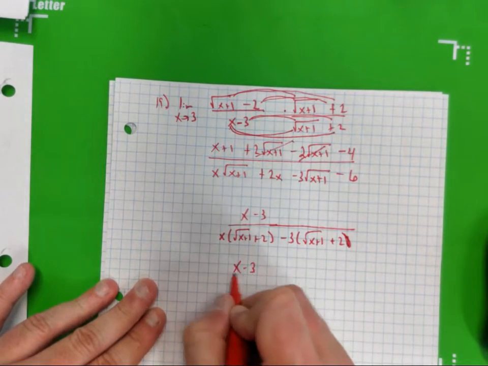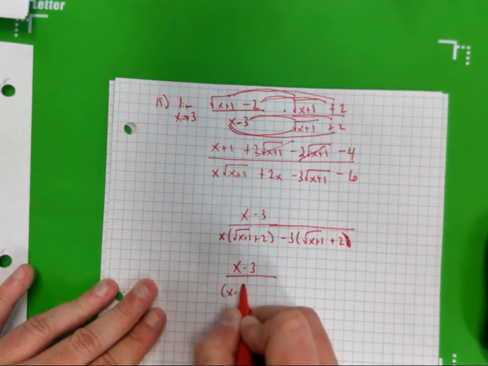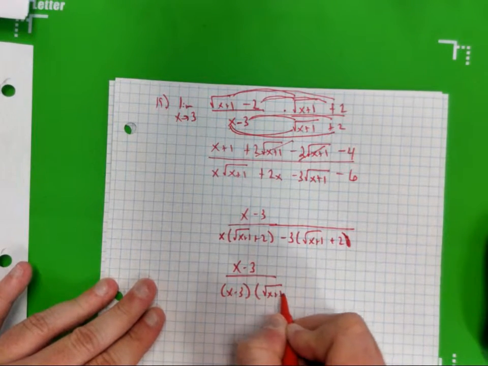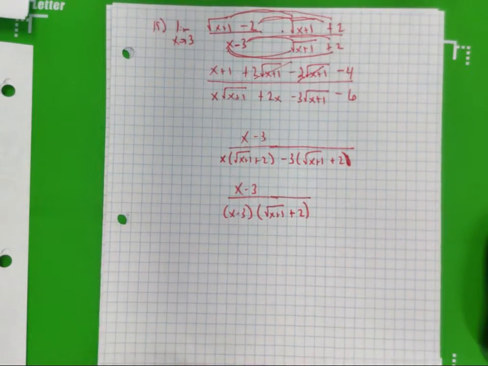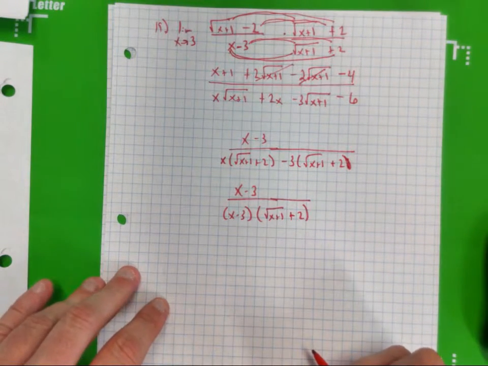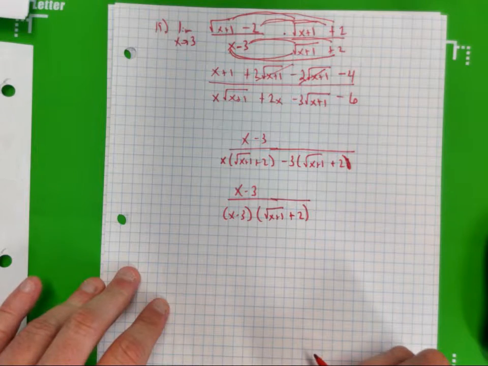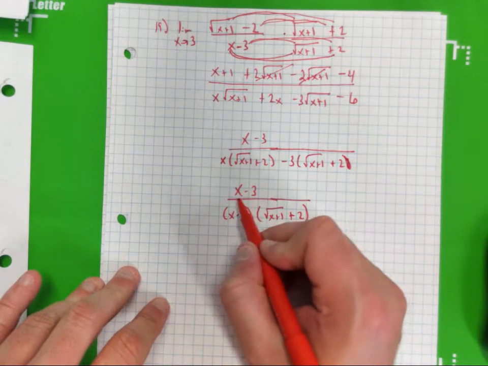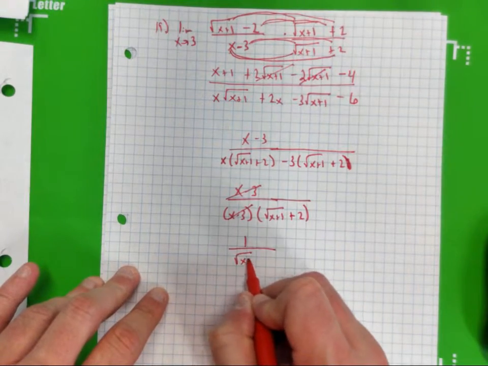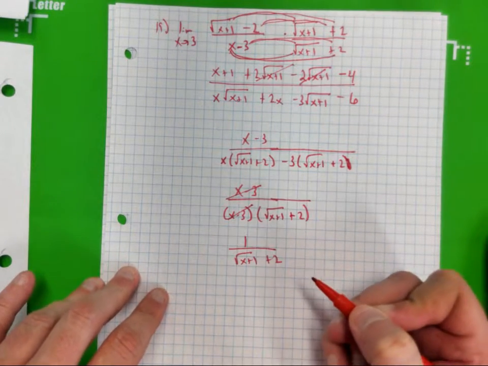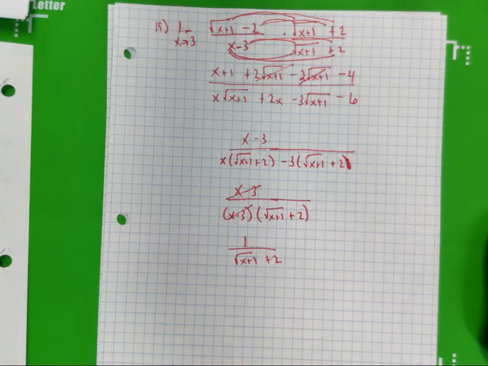So that leaves me x minus 3 times square root of x plus 1 plus 2. What happens to these x minus 3's? Cancel. I'm left with 1 over square root of x plus 1 plus 2. I'm going to stop there for just a second.